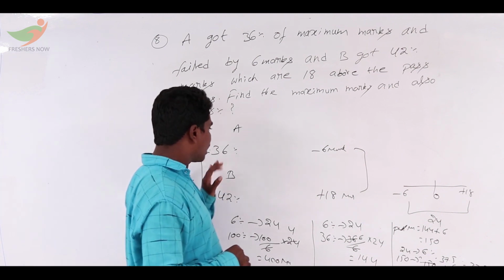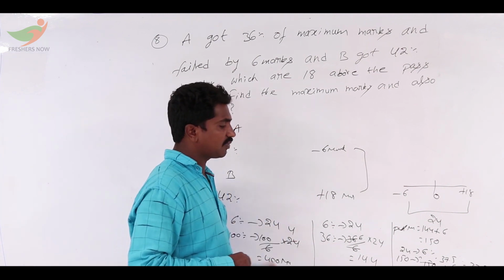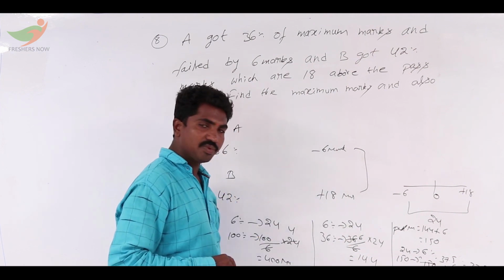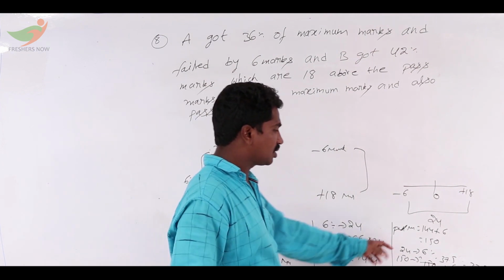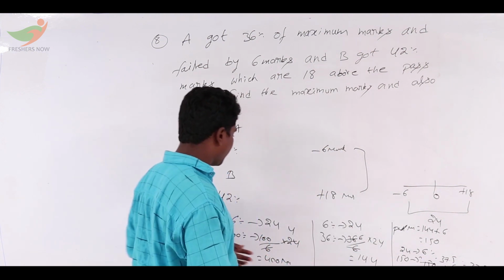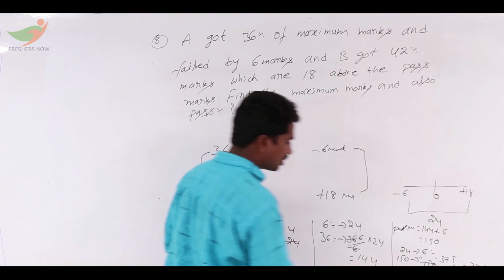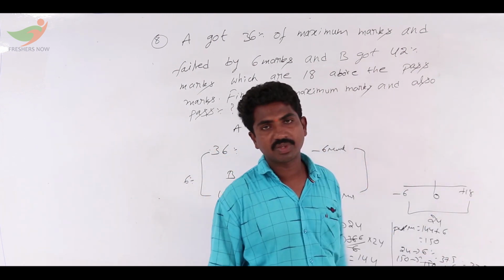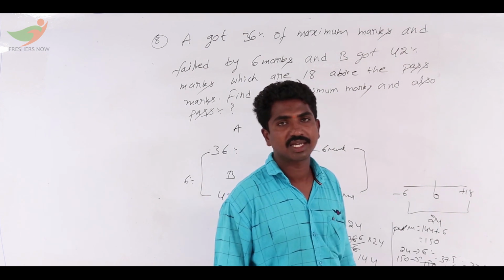Here I am taking 36%. How much? 144. At 36% he failed by 6 marks. If we add 6 marks, he will pass. So pass marks 150. 150 is how much percent? We know 24 is 6%. So 150 how much? 150 by 24 into 100. 37.5%. This is the pass percent.